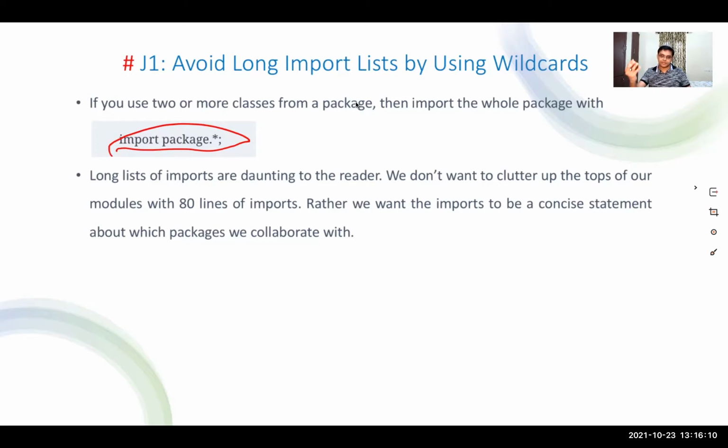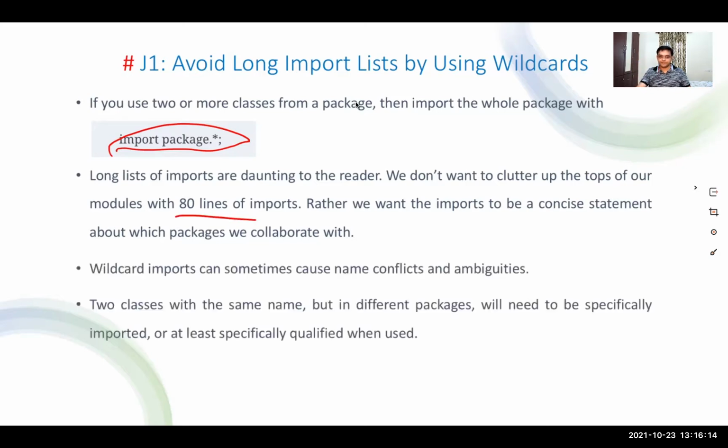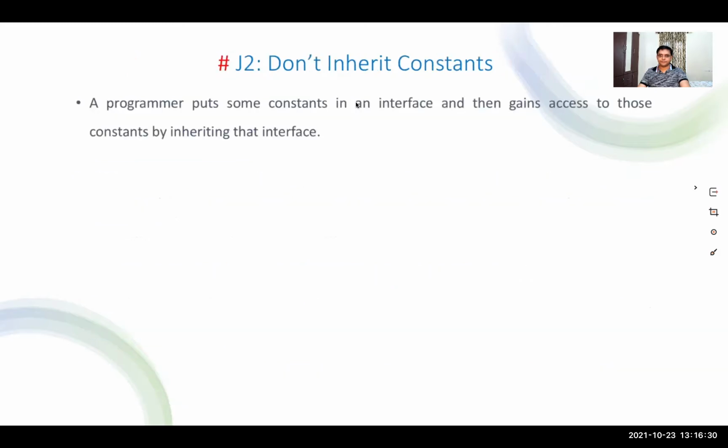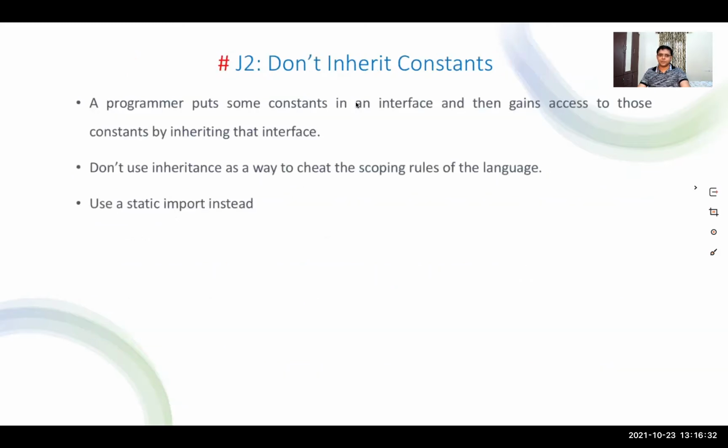Instead of 80 lines of imports, I can make it one line only. Wildcard imports sometimes can cause name conflicts, and in some places we may have to go into individual imports, but the generic rule is to use wildcard imports. And constants, you don't inherit them.